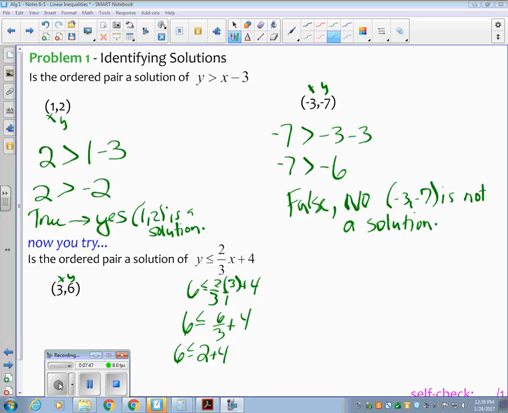Is 6 less than or equal to 6? Or sorry, 2 plus 4. So that's true. It's actually technically equal to it. So (3, 6) is a solution.